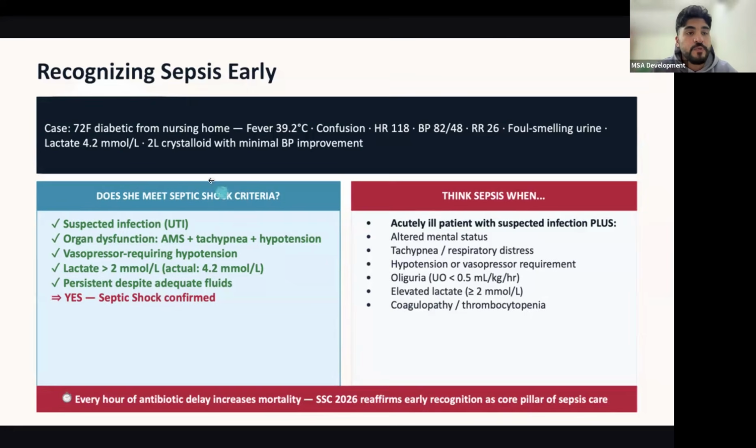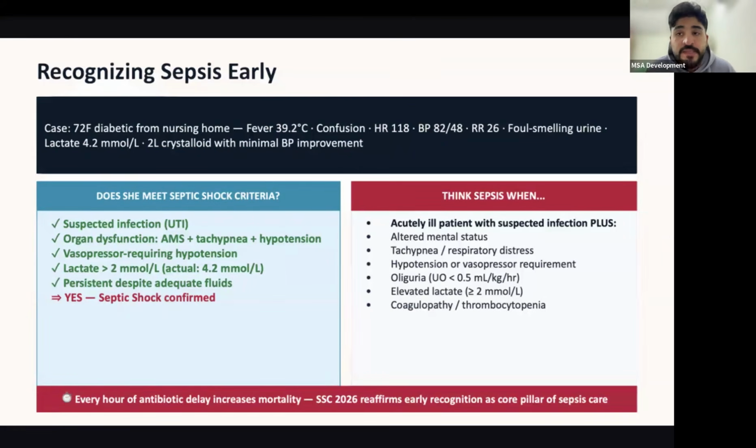So if you look at this case, for example, we have a 72-year-old female, diabetic, in nursing home, feverish, 39.2, extremely high, confused, high heart rate, hypotensive, she's tachypneic, she has foul-smelling urine, her lactate is more than 2. That's concerning, right? This fits septic shock, right? And she's been given 2 liters of crystalloid with minimal BP improvement.